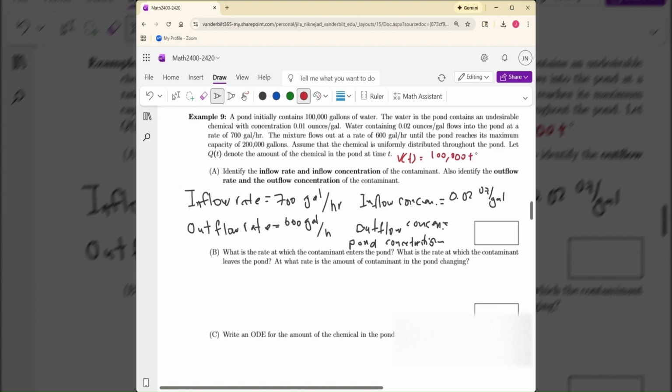And then at every hour, the difference between inflow and outflow is basically added to the volume of the pond. So we will have the amount in the pond, which we're trying to find at any time t, divided by that volume, which is 100,000 plus 100t.